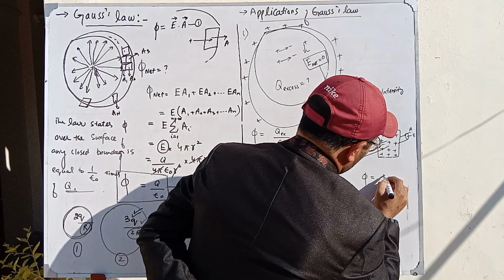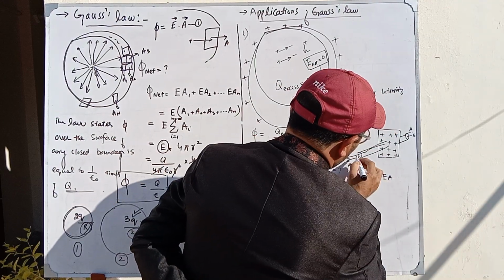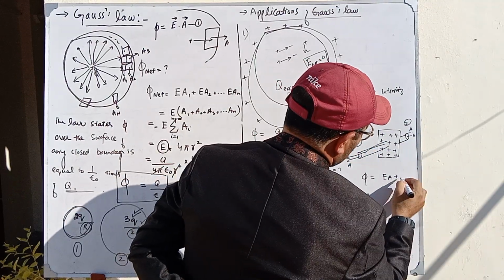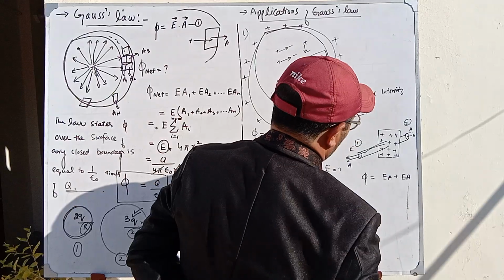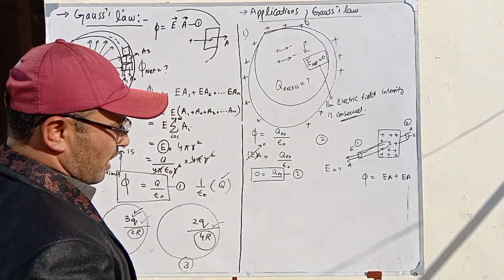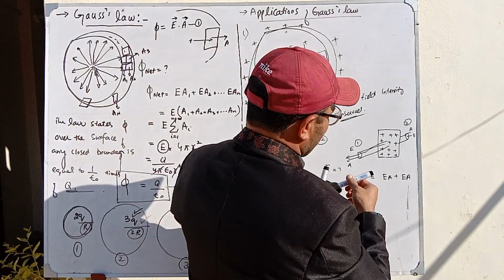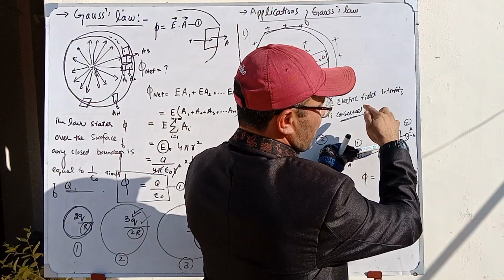Flux is equal to EA for point 1 and also EA for point 2. So many questions may arise in your minds: why am I not taking the curved surface area?